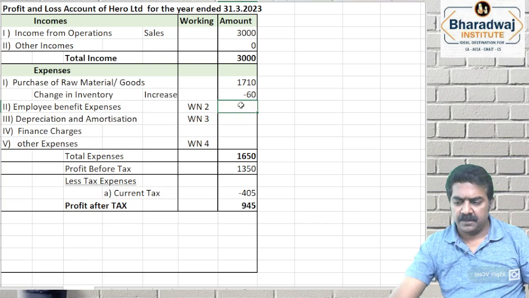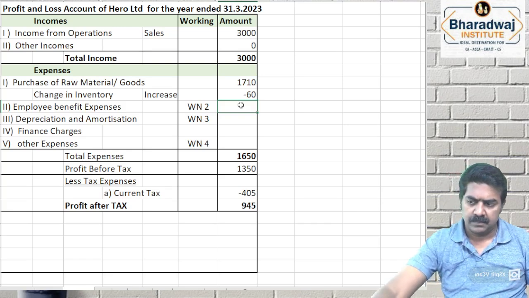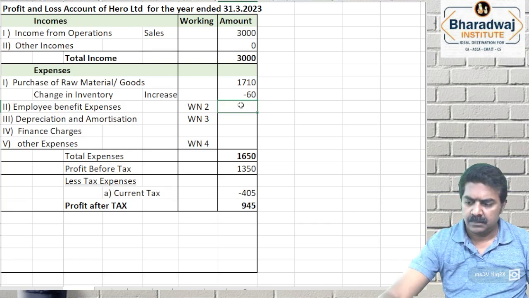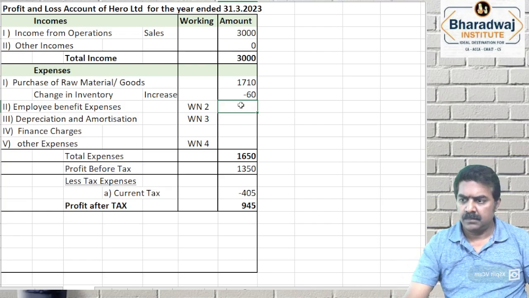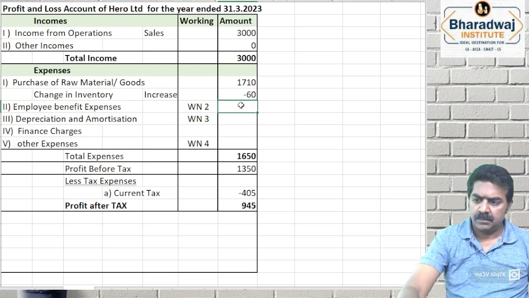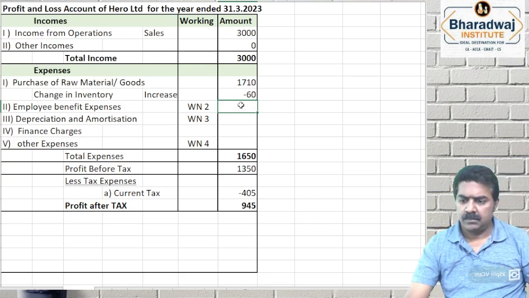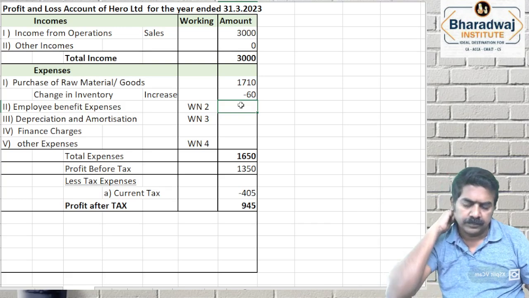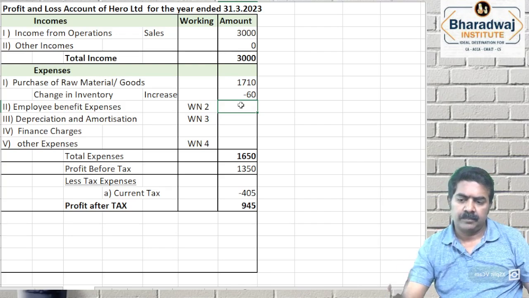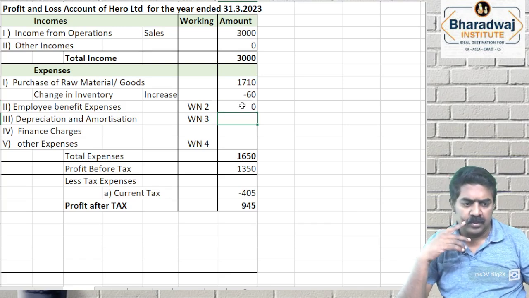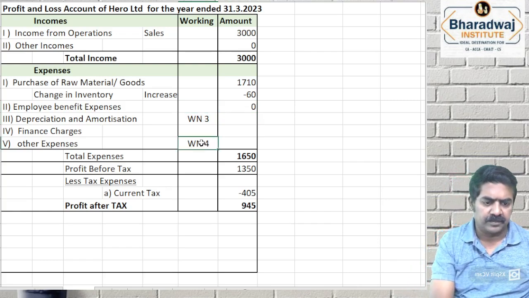Employee benefit expenses. Any employee benefit expenses? No. Depreciation and amortization, try to work.